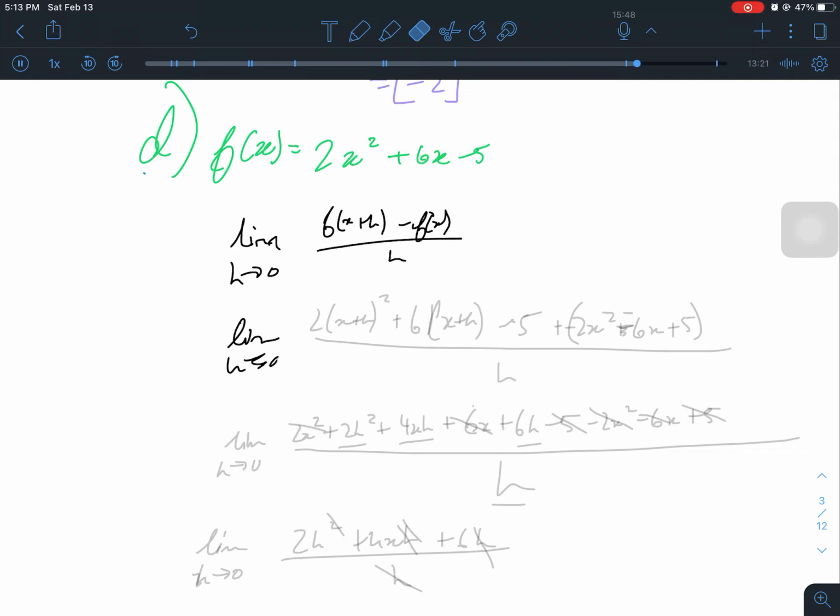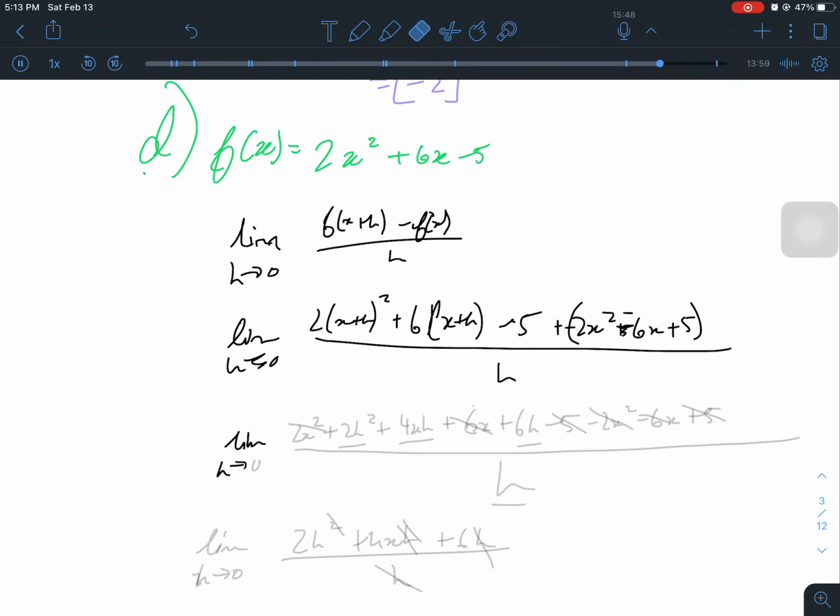Limit of h approaches 0, and then 2 times x plus h squared, plus 6 times x plus h, minus 5, minus 2x squared plus 6x minus 5, and that's all in parentheses. Let's just distribute the negative, right? Negative 2x squared, and that's a negative 6x plus 5, all that over h.